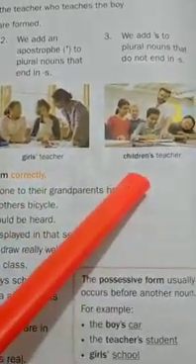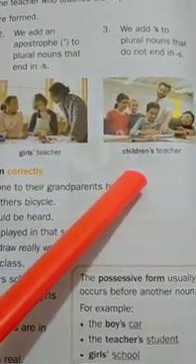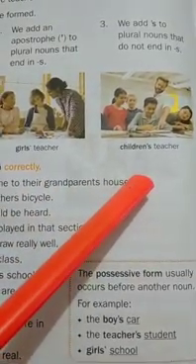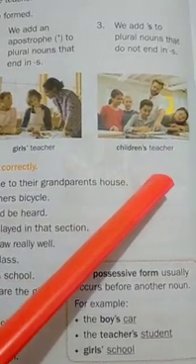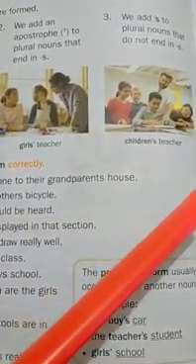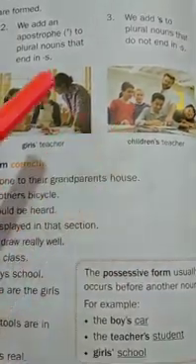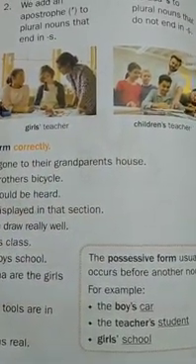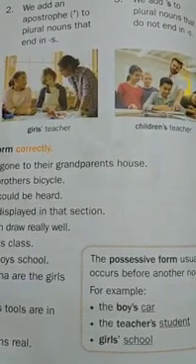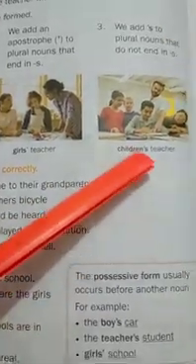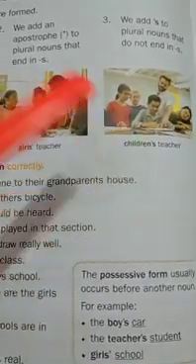But in the third example, the plural form of child is children. Means we add an apostrophe then s to the plural noun that does not end in s. Okay. See here the plural noun, that is children, does not end in s. So we use first an apostrophe mark then s. Okay.